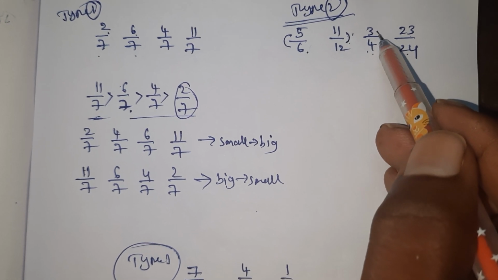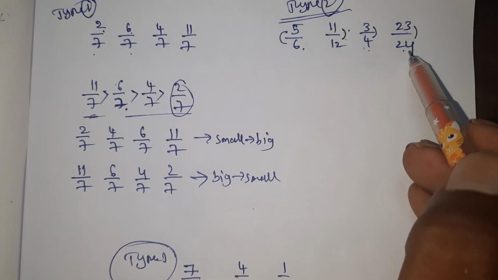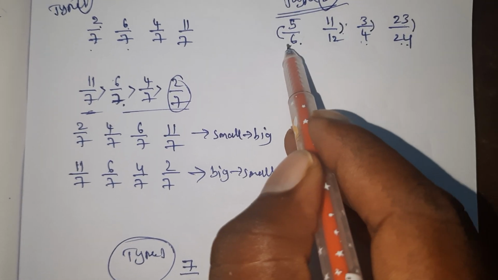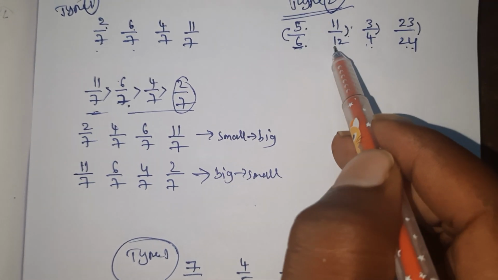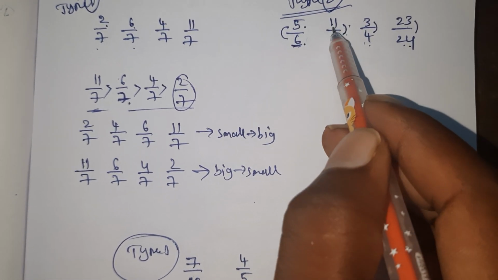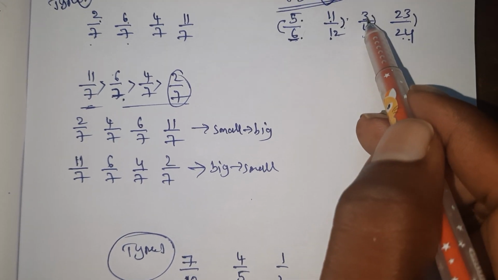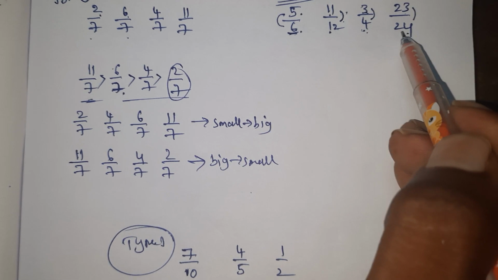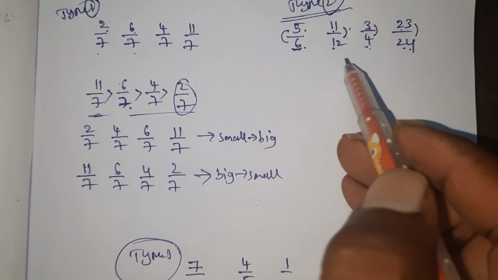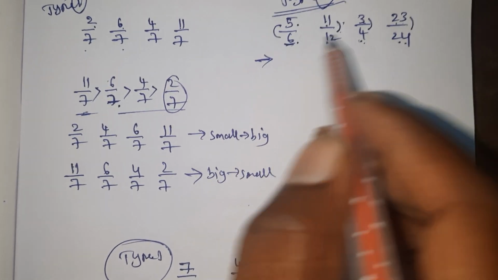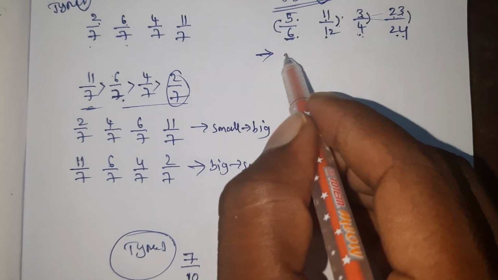Here also the difference is 1. And one more condition is there: the denominator is higher than the numerator in every fraction. So in such conditions, simply you can write, again, in the numerator which number is more, that fraction is the highest fraction.